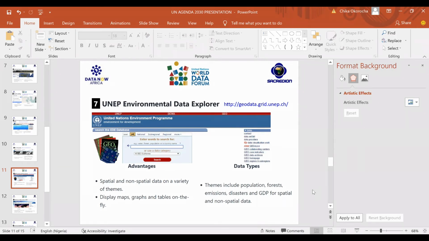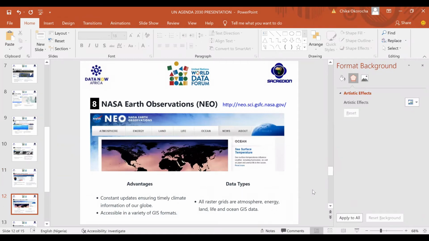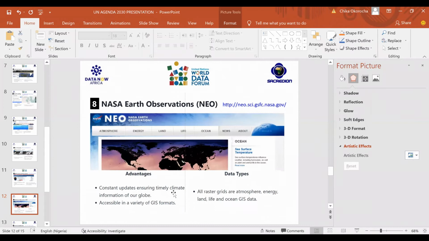Number 8 that we'll be looking at is NASA Earth Observations. This platform is constantly being updated, and you can get constant updates ensuring timely climate information of the globe, accessible in a variety of GIS formats. All raster grids are atmosphere information.